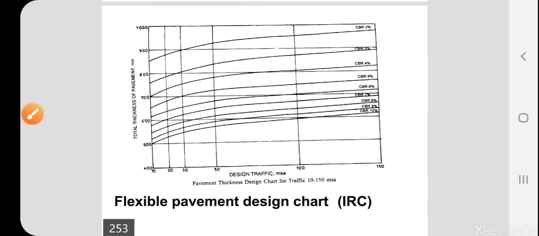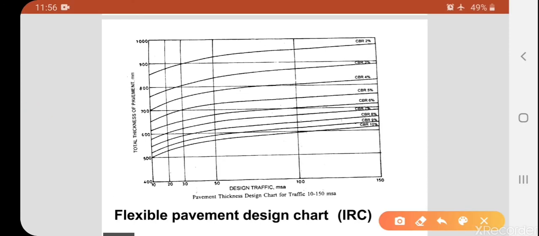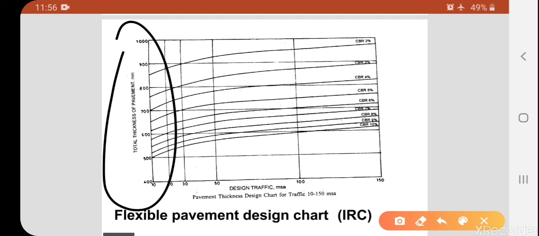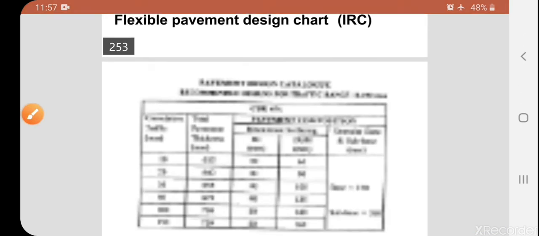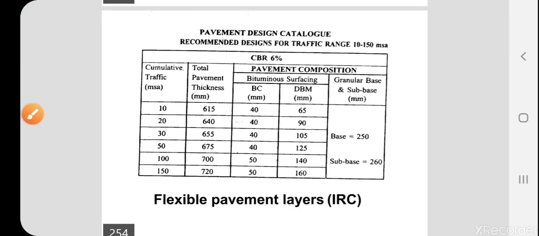As referred previously, the same procedure should be carried out here. The total thickness is 400 to 1000. If we assume 700 and the design traffic is 50, at 750 the CBR value will be 5 to 6%.